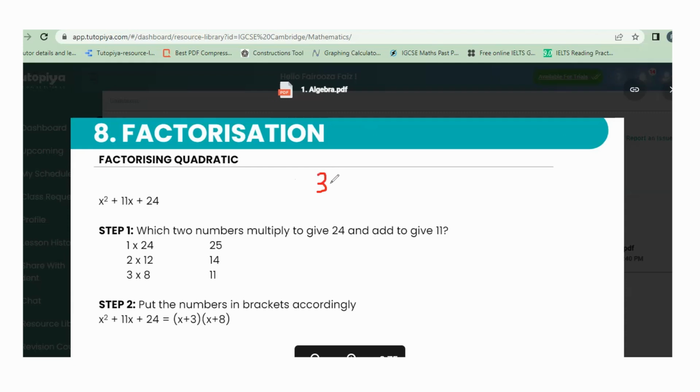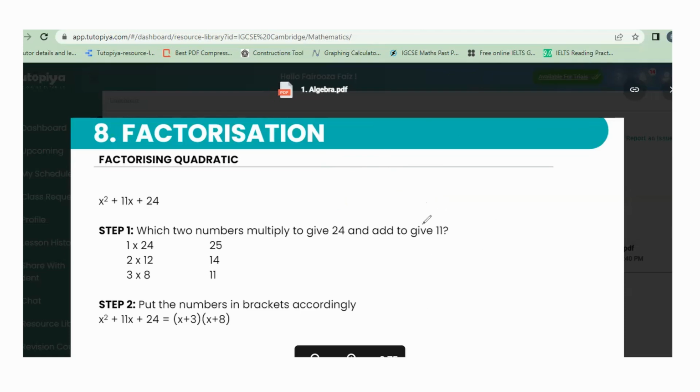So let me ask you, is this a quadratic expression? No, this is not a quadratic expression. A quadratic expression is always in the form of ax squared plus bx plus c. So you have ax squared, you have bx, and you have c, which is a constant, a number. Now we are going to see how to factorize these types of expressions.